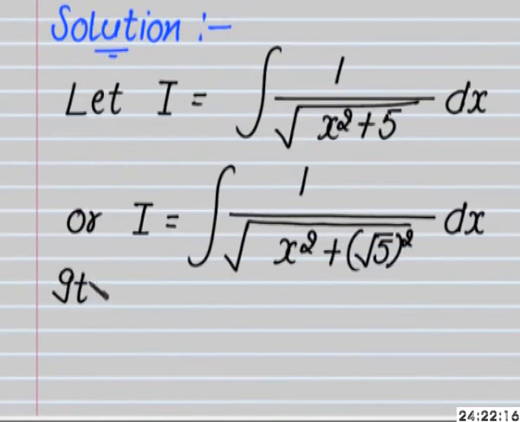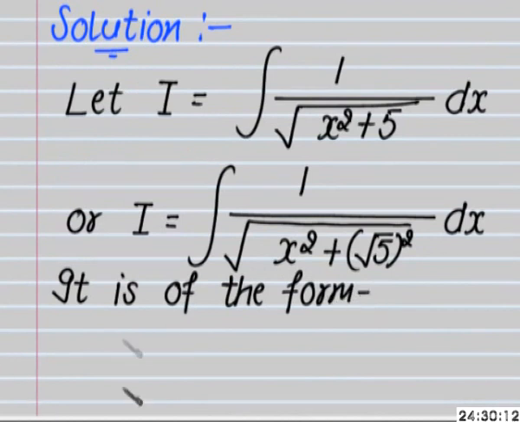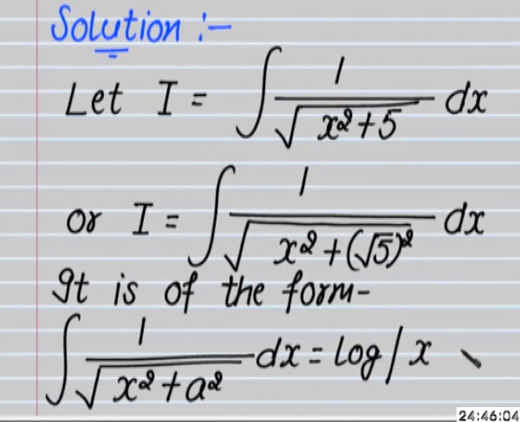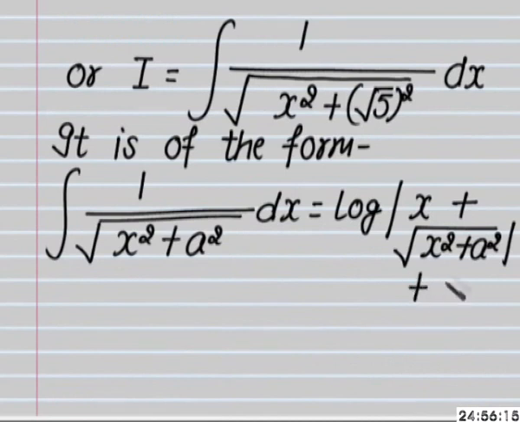Now it is of the form integral of 1 upon square root of x square plus a square with respect to x equal to log of mod of x plus square root of x square plus a square plus c, where c is the constant of integration.